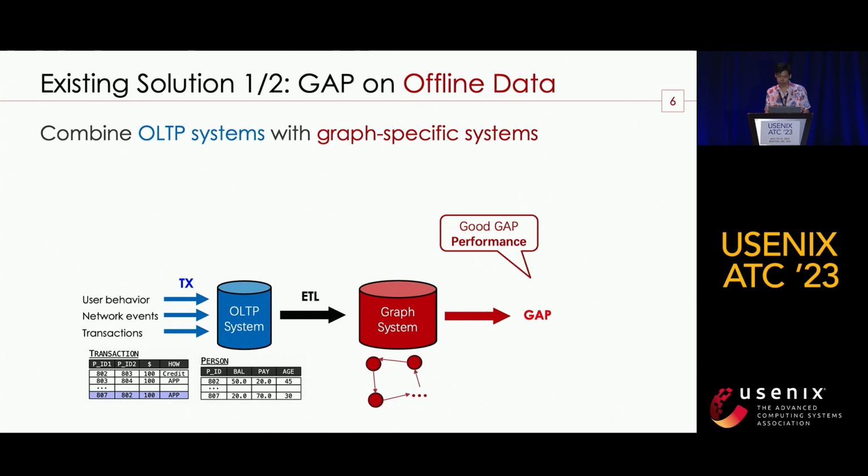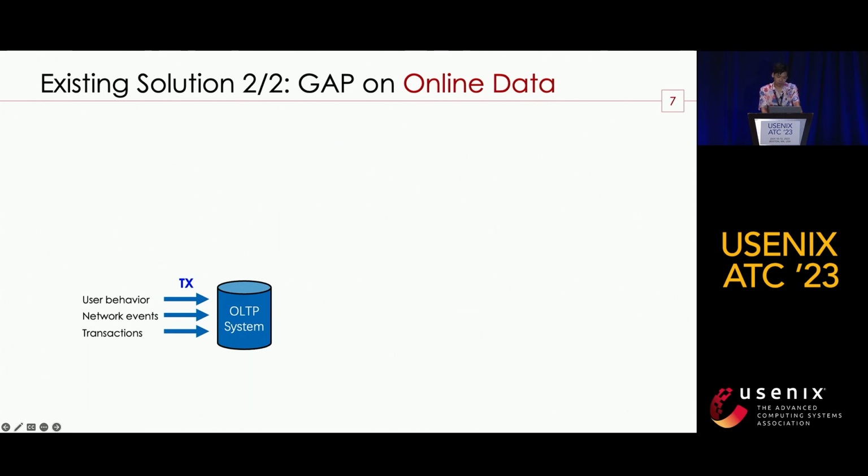This approach can provide good OLTP and GAP performance, while the main drawback is that it can result in poor data freshness due to the costly and lengthy data transformation process in ETL. To avoid the conversion and shorten the freshness gap, some systems are designed to process GAP online.